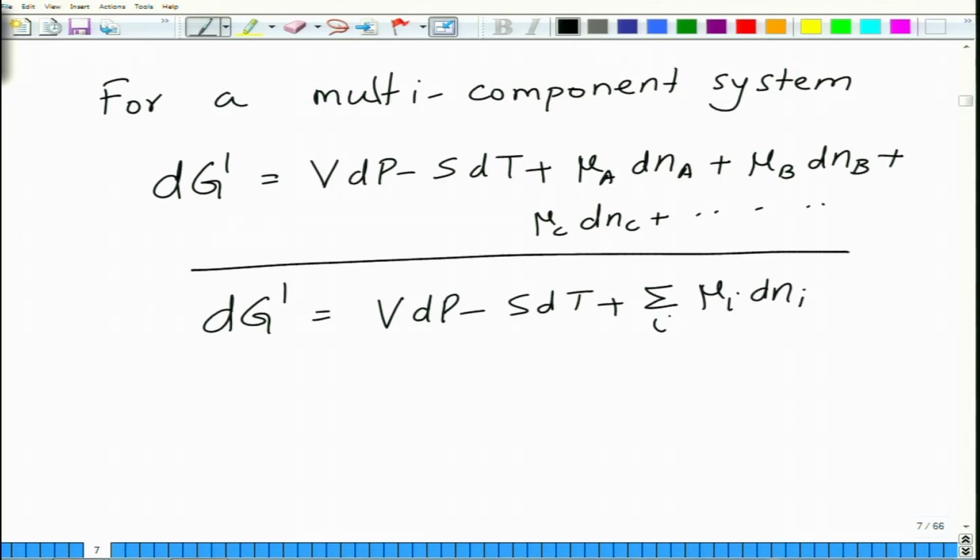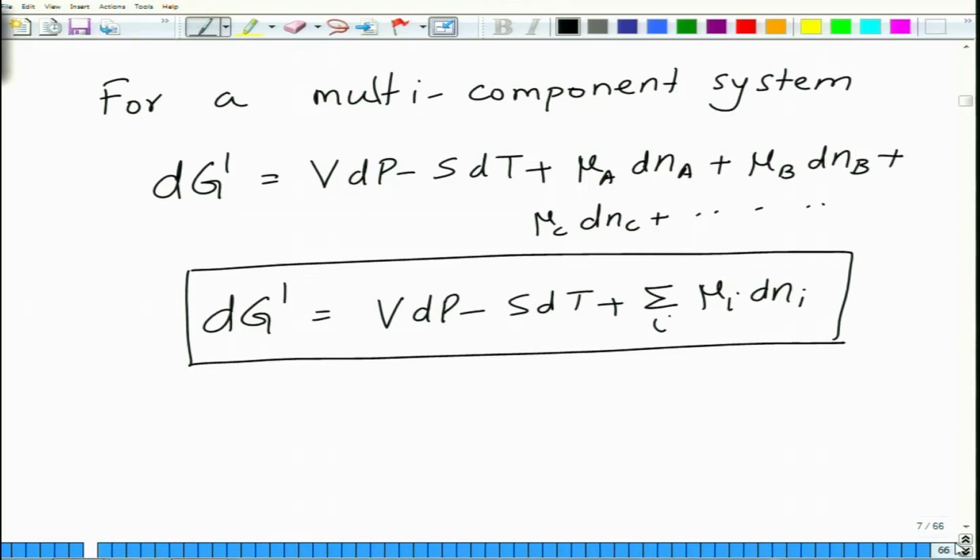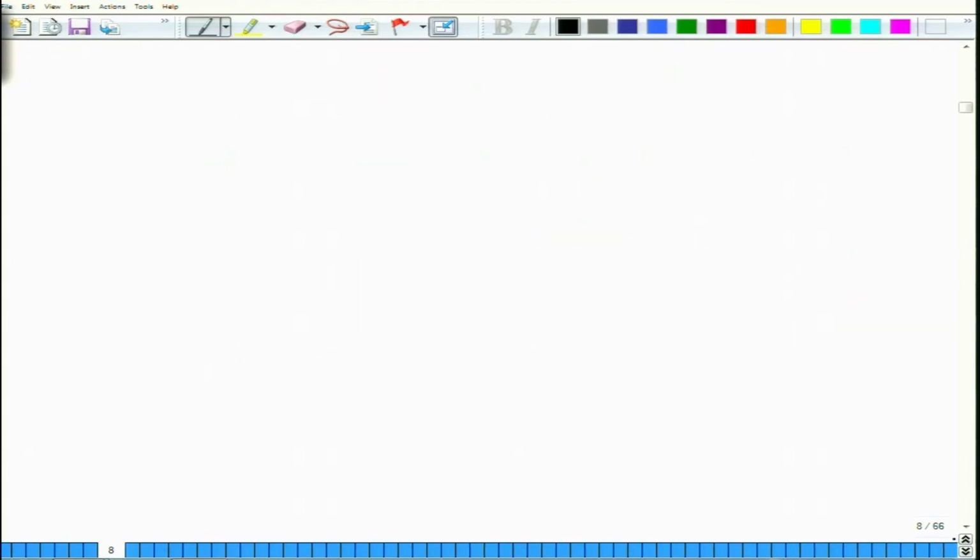So this would be the general form of changes in the free energy when changes in the various variables are made. Not all of them are made simultaneously. For example, when you change compositions, the others are generally kept constant, so you only worry about the changes in the composition. So this is a generalized free energy equation for incremental changes in the composition, correlating the chemical potential with the changes in the composition. Now let us come back to the binary phase.